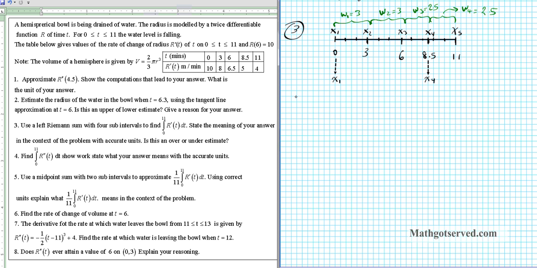So we have to use the second variation of the LRAM formula. The left Riemann sum or rectangular approximation using 4 subintervals.